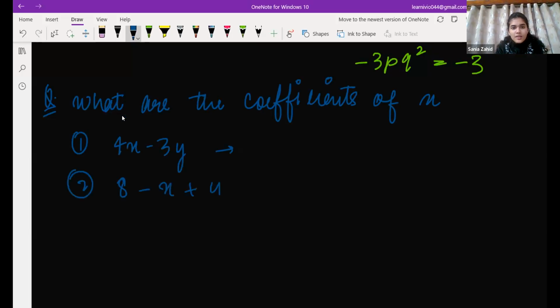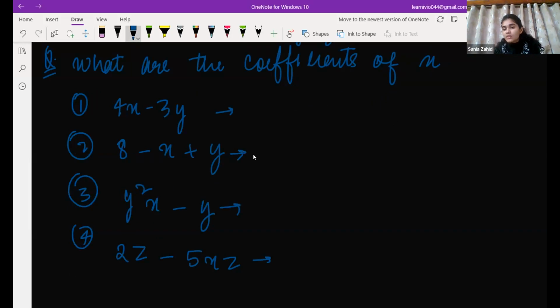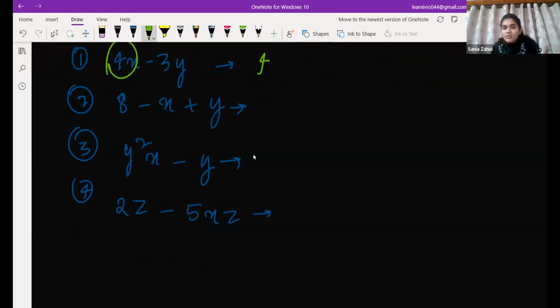Then y square x minus y, and 2z minus 5xz. You have to tell me only the coefficient of x. The question is coefficient of x. For the first one, what is the coefficient of x? 4. Very good. Second, minus 1. Very good.